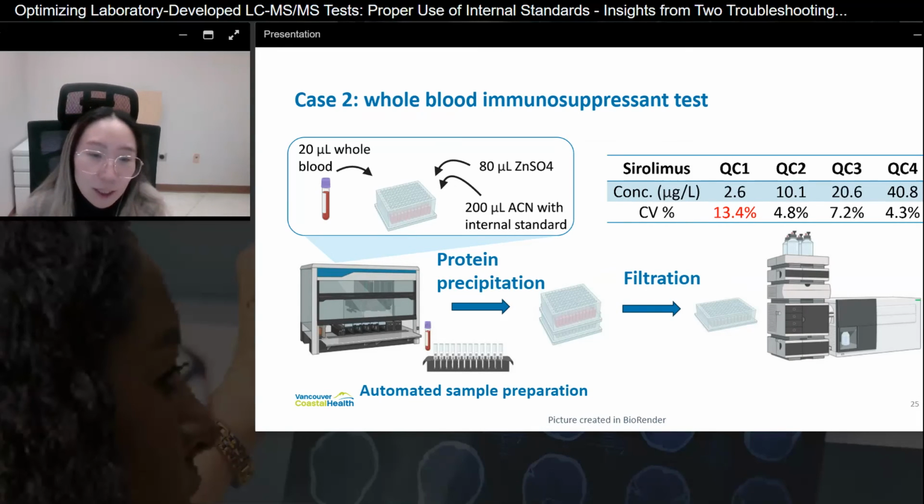While working on this quality improvement project, we decided to update this method using a liquid handler to make the sample preparation process fully automated, which can eliminate human error and minimize random pipetting issues. But the CV at the lower end still stays elevated for sirolimus.